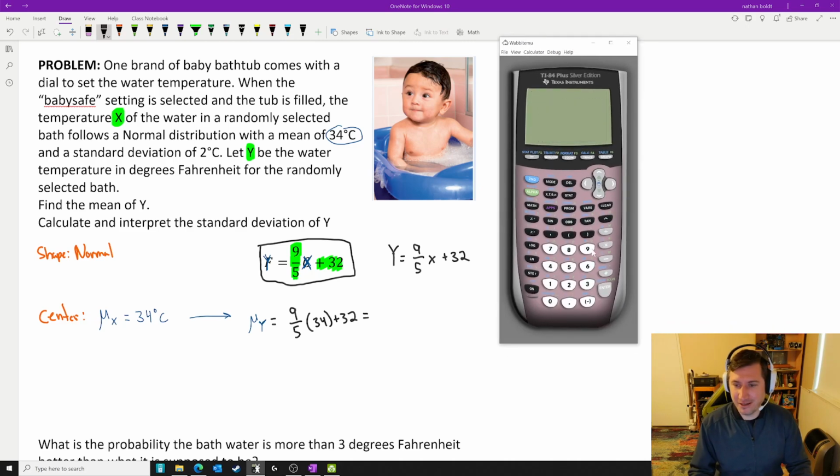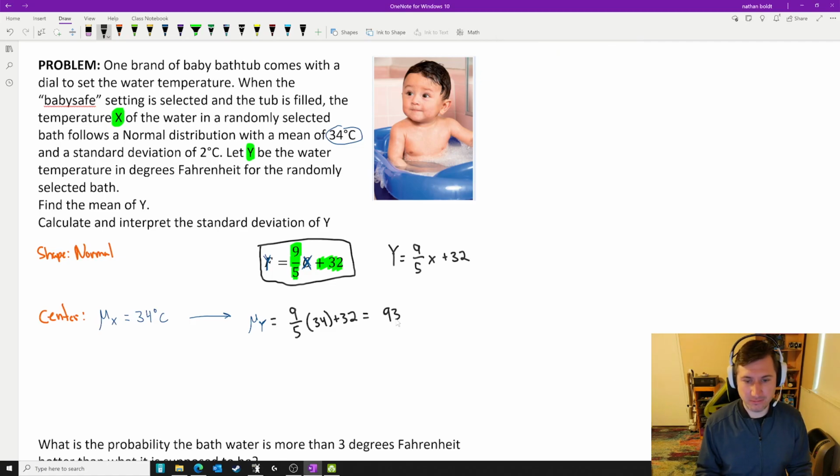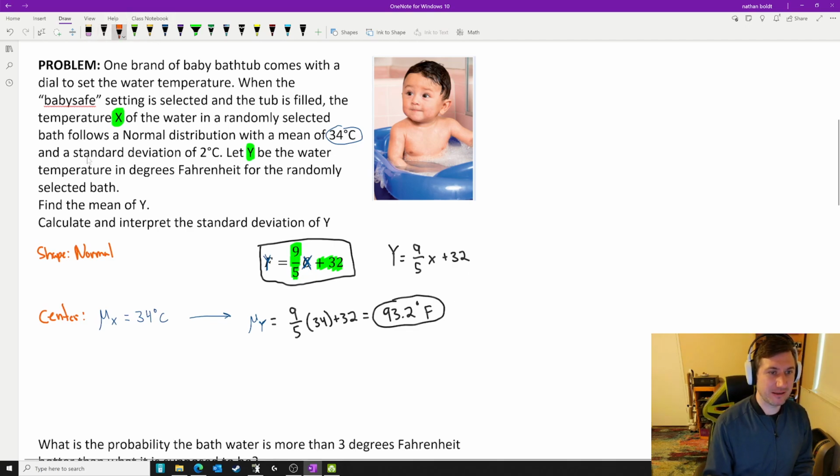So 9/5 times 34 plus 32 gives us 93.2 degrees Fahrenheit. So there is our new average. There's our new center. What about the spread?